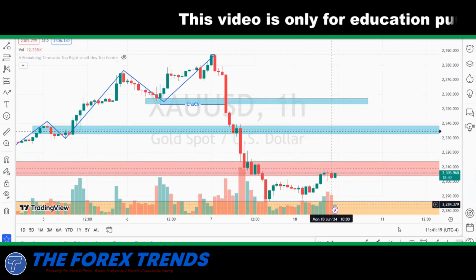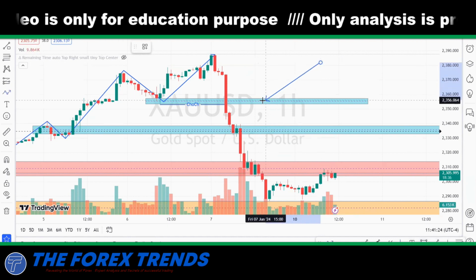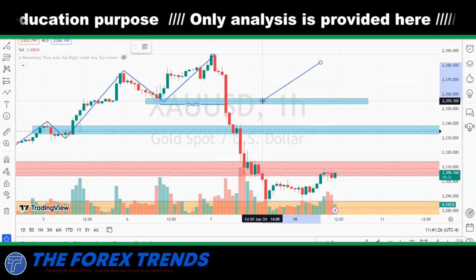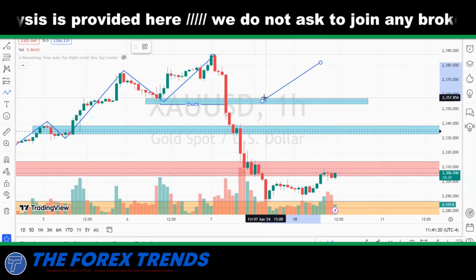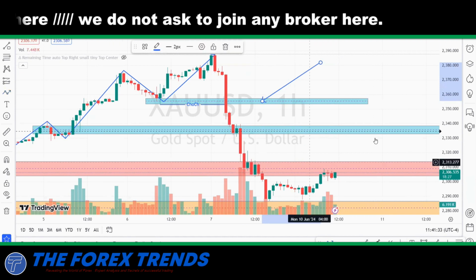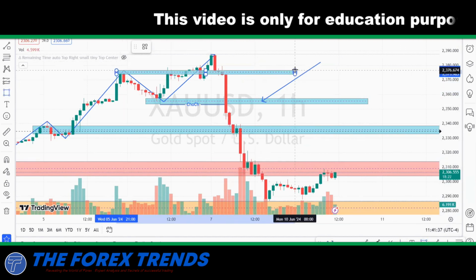For joining this bearish trend, we have the first level, that is the support become resistance level from here, and the price is 2355 to 2358. And our second Quasimodo level is there.